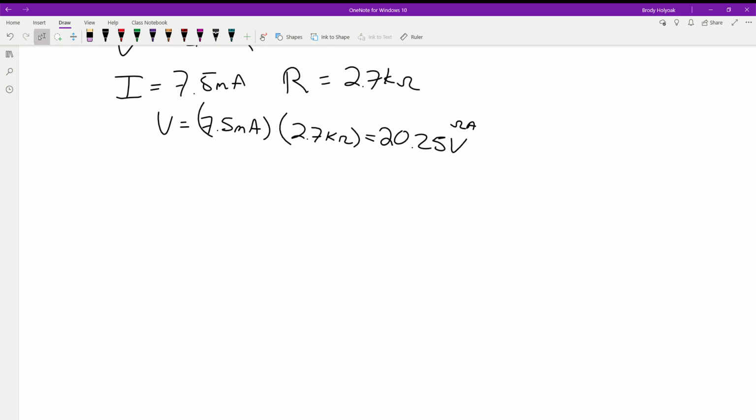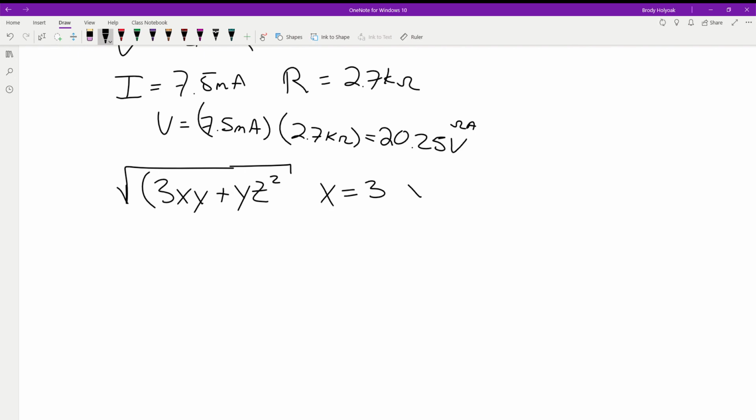Okay, so another complicated formula. Let's look at this. We're going to take the square root of 3xy plus yz squared. And in this instance, x is equal to 3, y is equal to 5, and z is equal to 4.